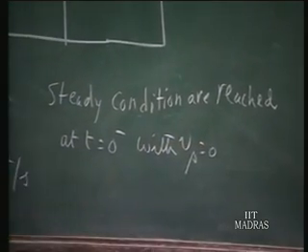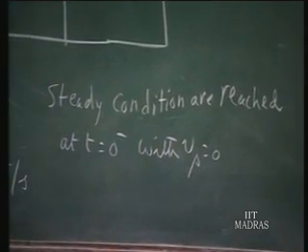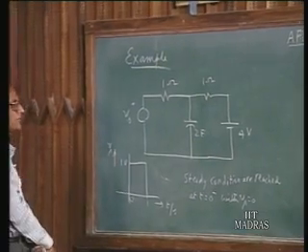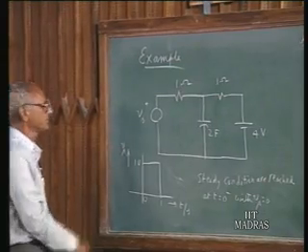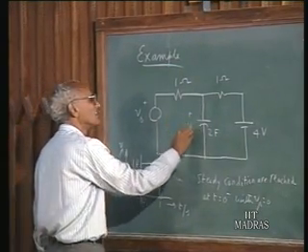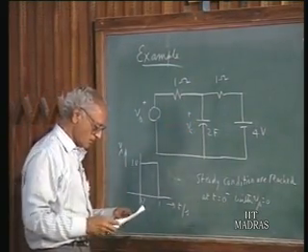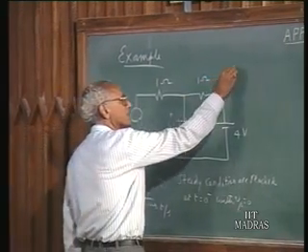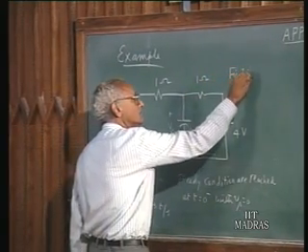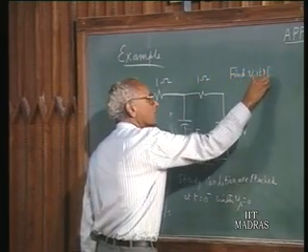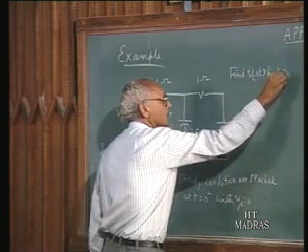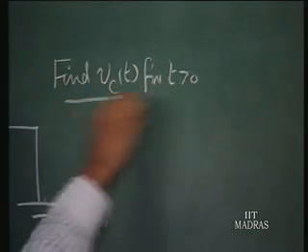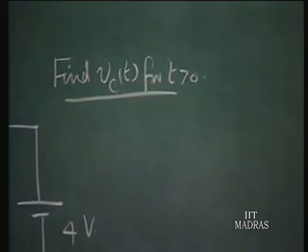So before the pulse is switched on, Vs is of course 0, and at that time we assume that the steady state conditions are reached. The question that is asked is: find Vc(t) for t greater than or equal to 0. This is the question that is asked.